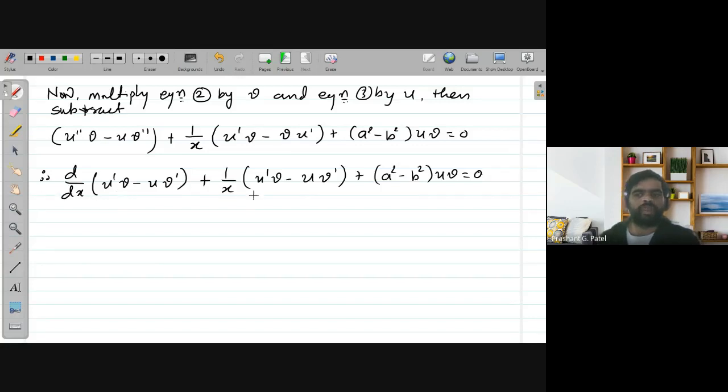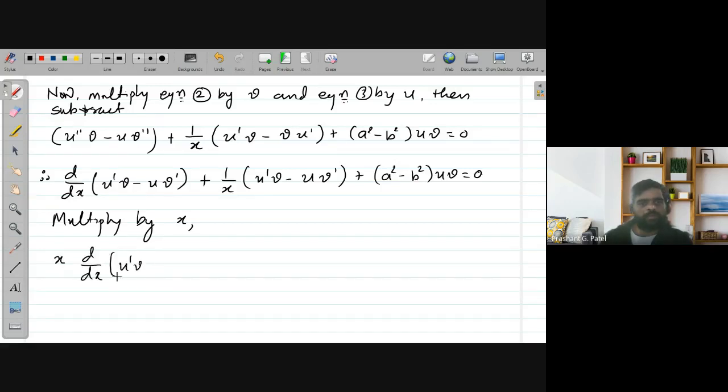If you multiply this equation by x, what we can have is x into d by dx of u dash v minus u v dash, plus you multiply this by x, so this is u dash v minus u v dash, plus a square minus b square x into uv equal to 0.